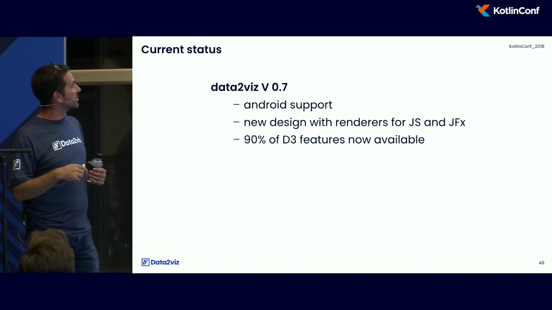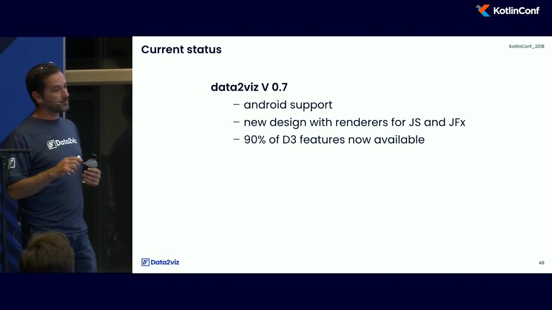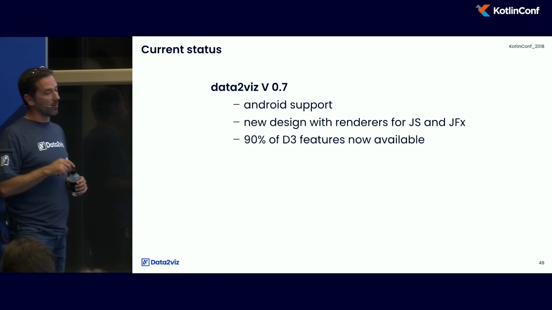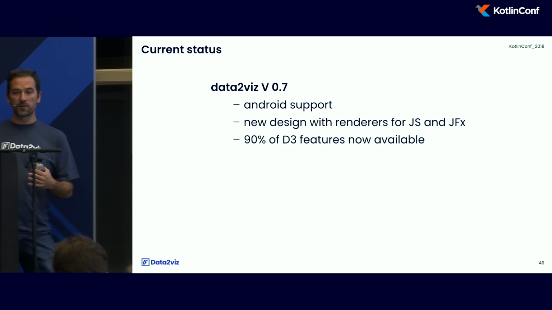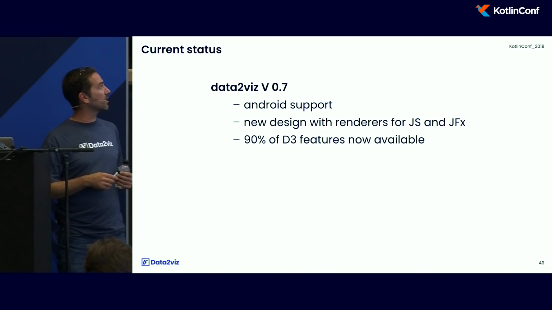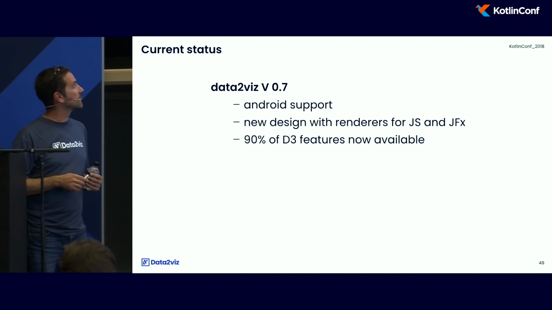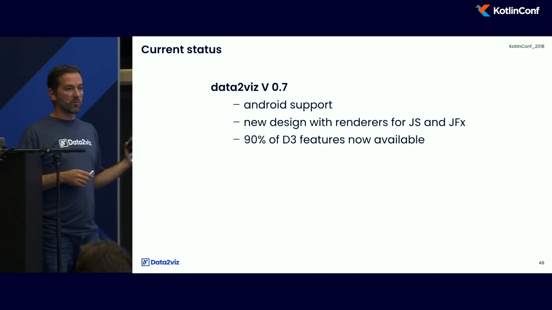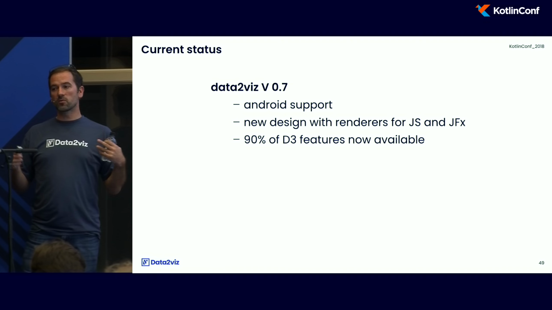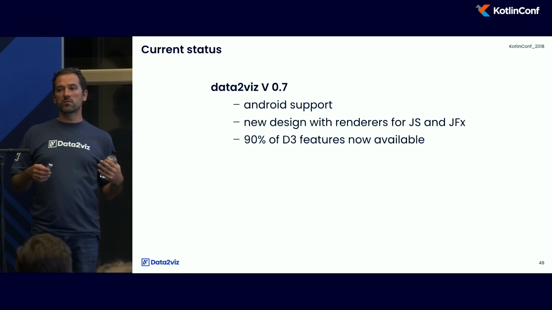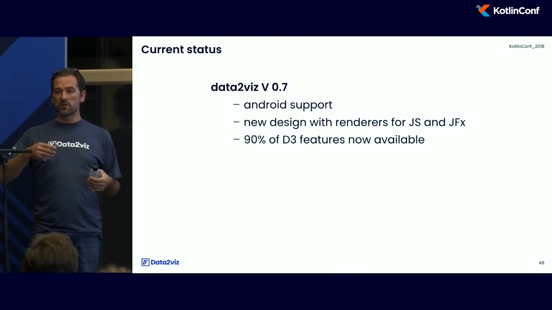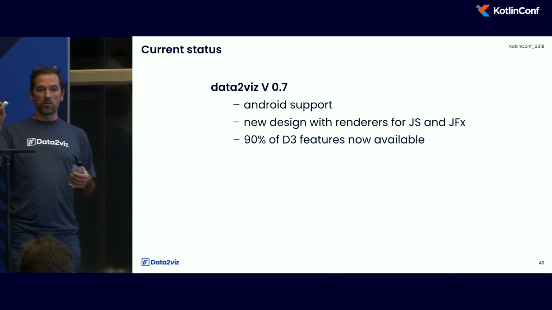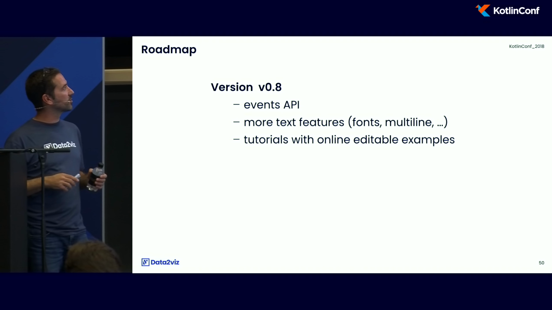We are using Canvas, and about 90% of the features of D3.js are available now. The library is available on Maven Central, so you can use it easily. You just have to put the dependency in the root project, and you can run your code really easily.